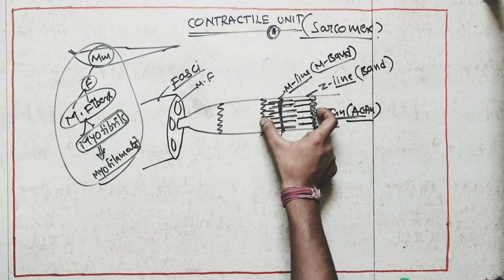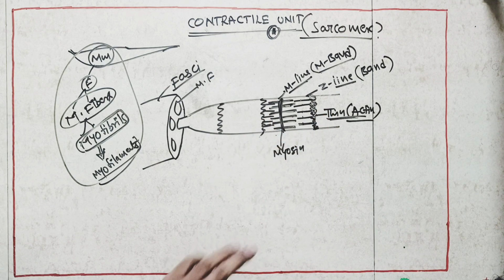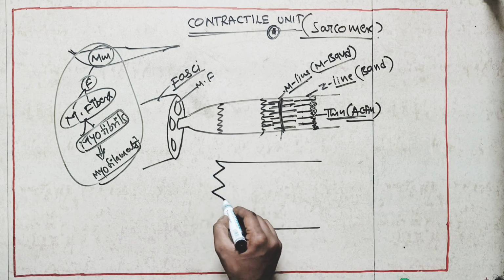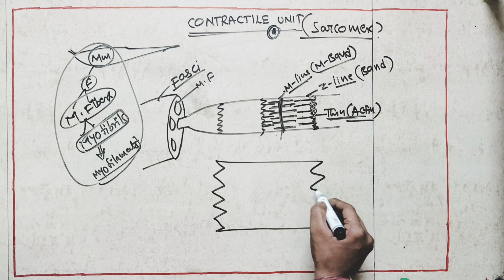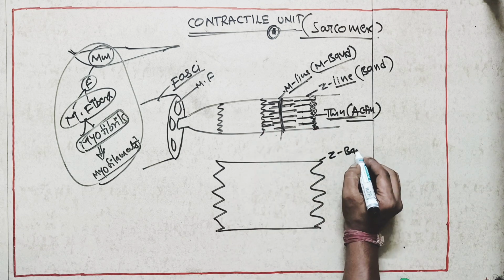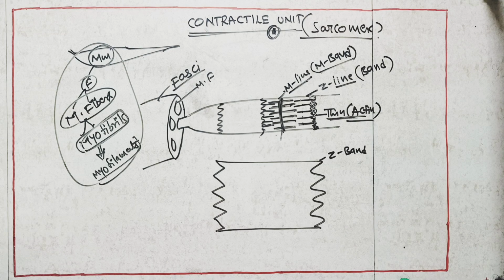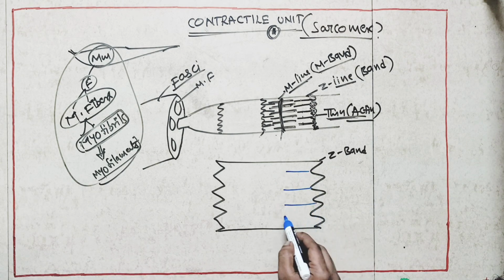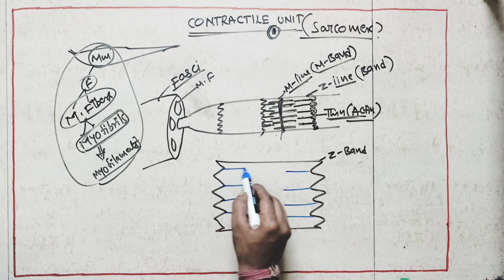Suppose now I am taking this sarcomere from here to here. So now this is our muscle structure. Here we will have the Z band. I am drawing this structure here. This is the Z band. From this Z band I will get actin. These are the thin myofilaments. This is our actin.